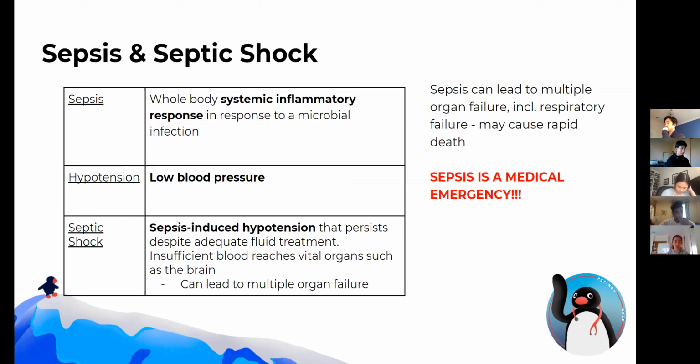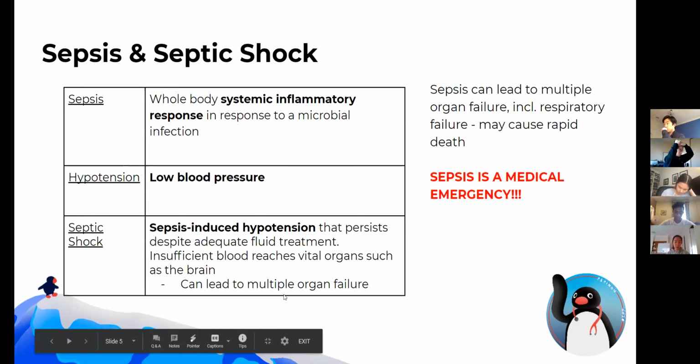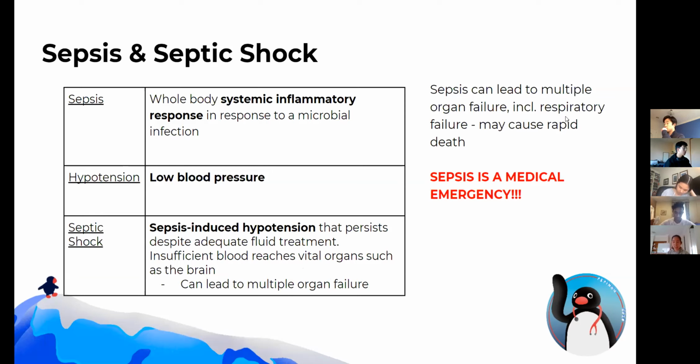Septic shock is sepsis-induced hypotension that persists despite adequate fluid treatment. This can lead to multiple organ failure because insufficient blood reaches our vital organs. The take-home message is that sepsis is a medical emergency, and it can lead to death very rapidly if we don't do anything about it.